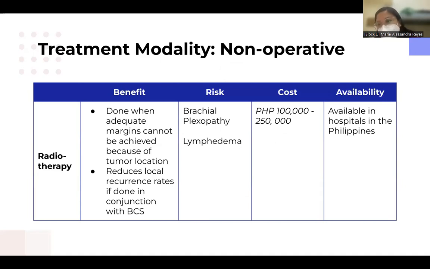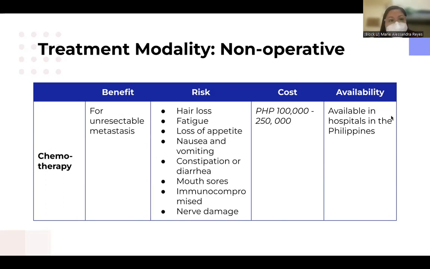Again, the cost is just a range, and not all hospitals in the Philippines are capable of doing radiotherapy. Next is chemotherapy, which is systemic chemotherapy, given for patients with unresectable metastasis.